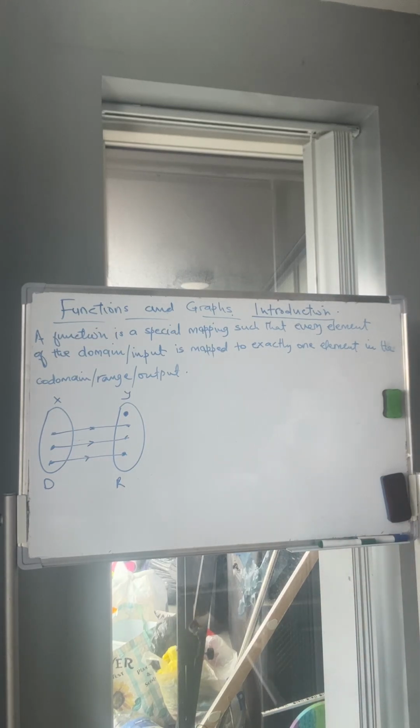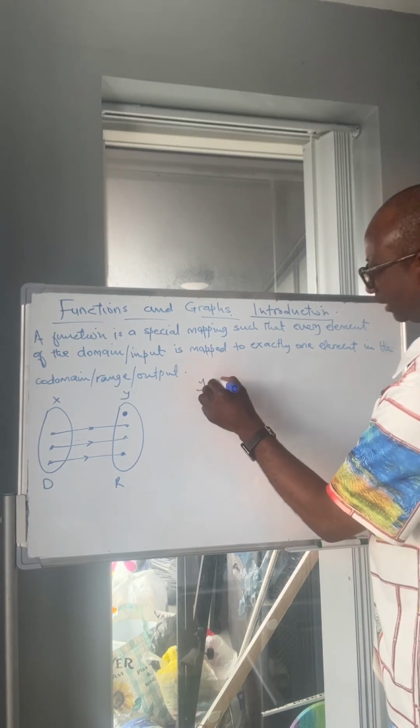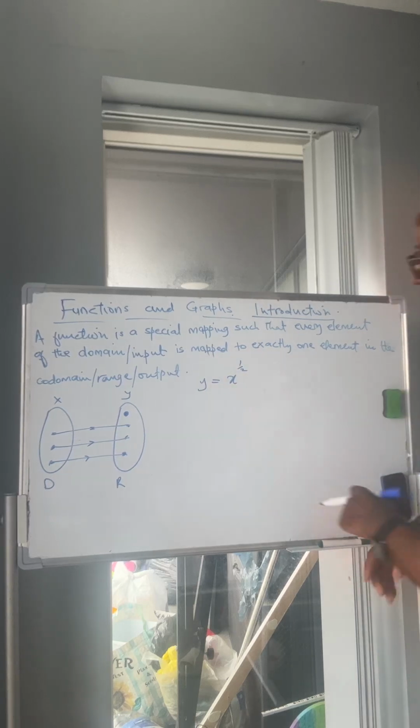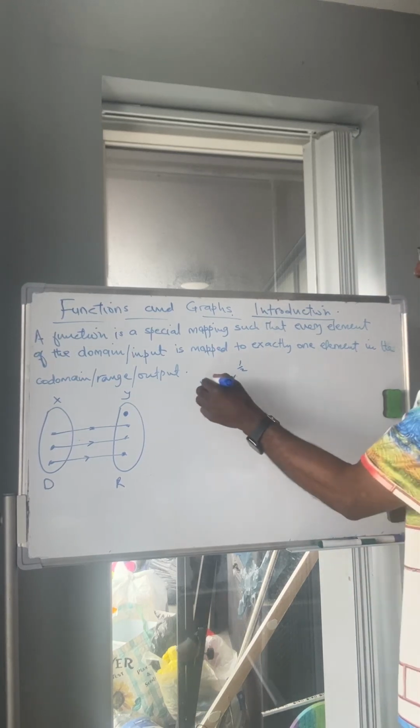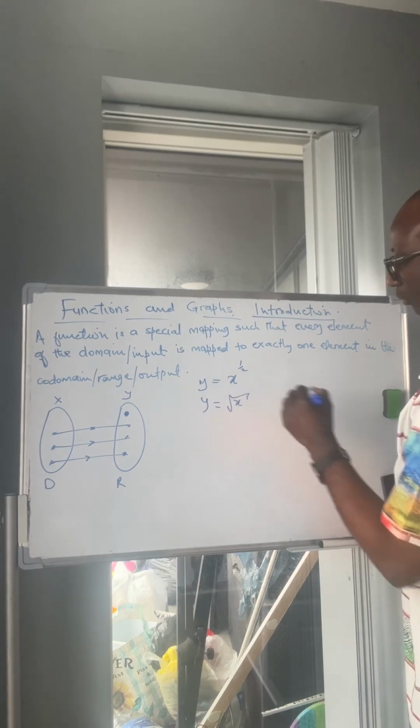For example, if you have a function like y equals x raised to the power 1/2. This is seen as x. You are finding the square root of x.